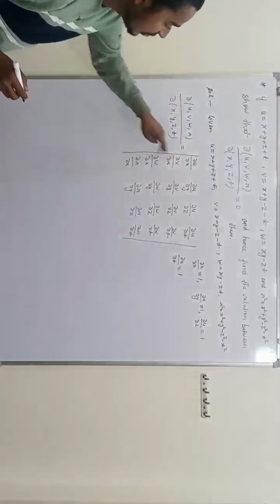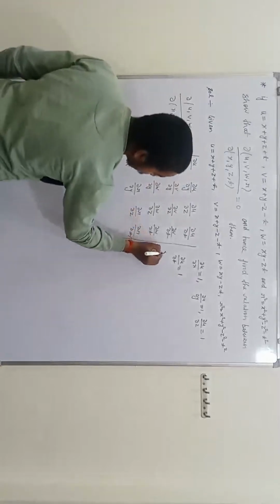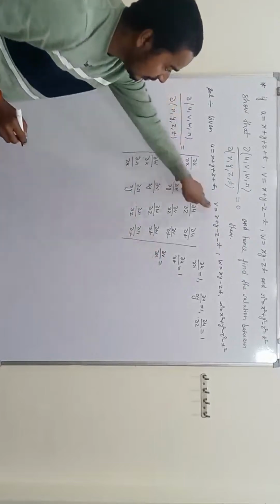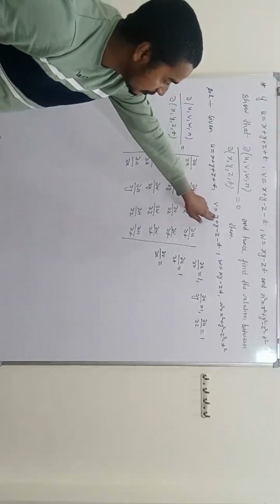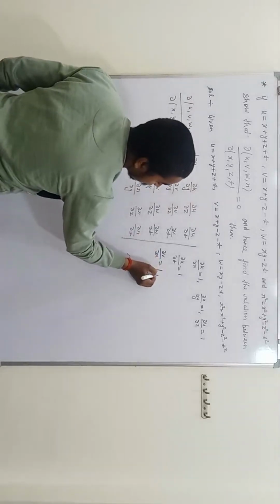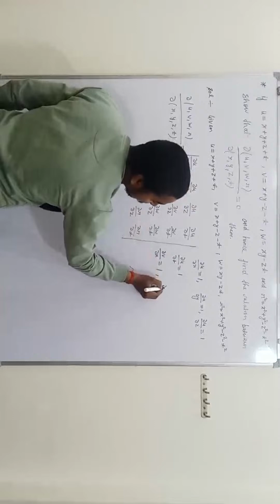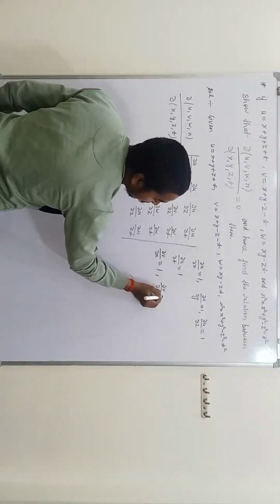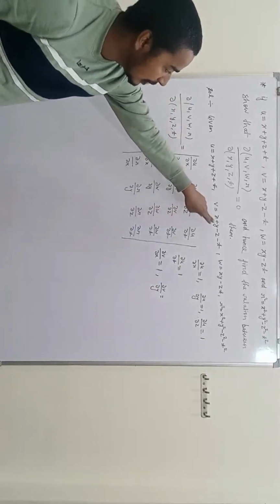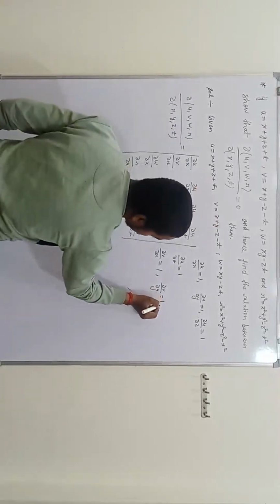Further, we have to find del v upon del x. The value of v partially differentiating with respect to x is 1, and del v upon del y, again partially differentiating with respect to y, is also 1.